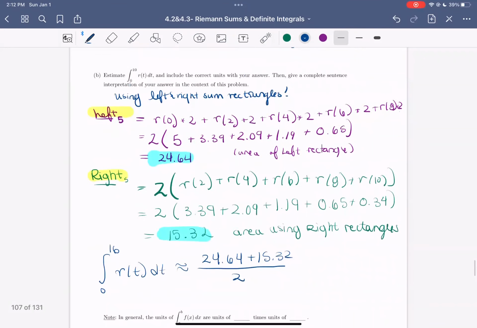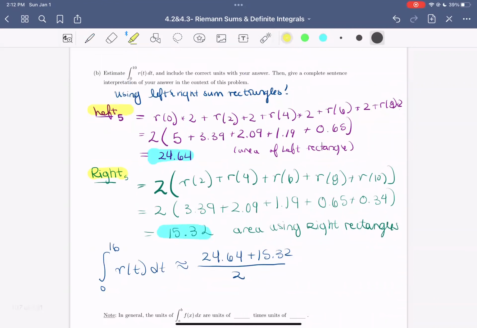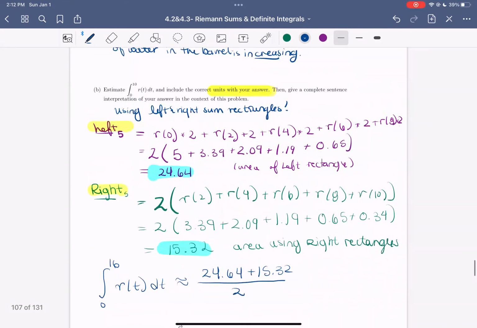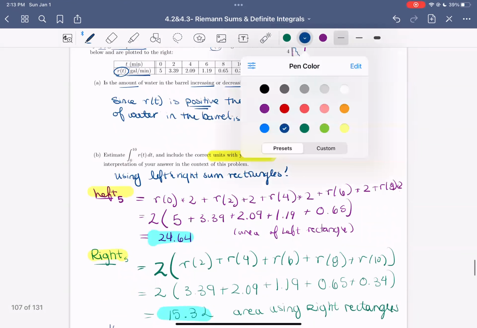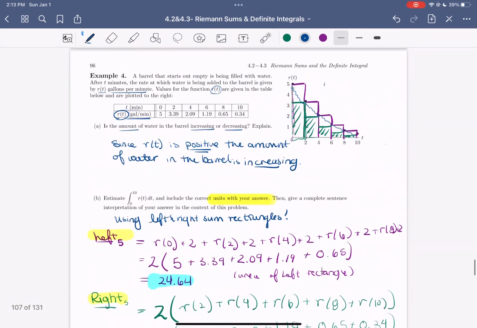Okay, so let's focus on units. So important here. Correct units. So the area of these rectangles is computed by height times width. So what we've just computed is an area, which is width times height. So the width of these rectangles is time. So the units of our area is going to be time times the output units, which is gallons per time.